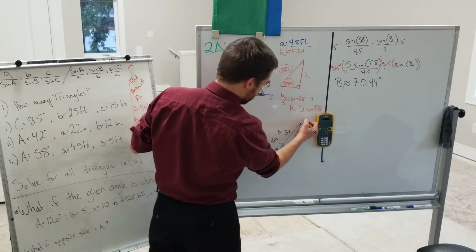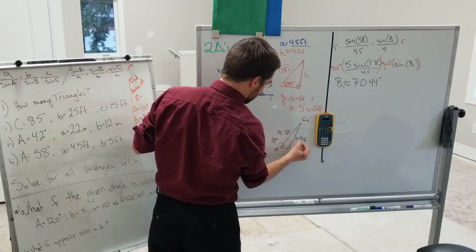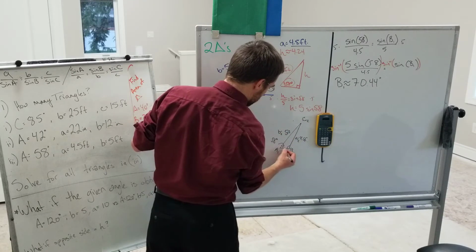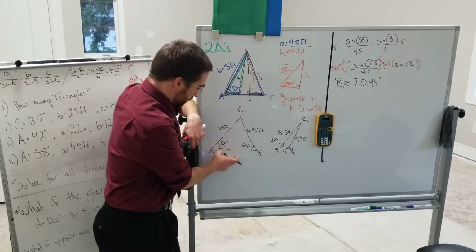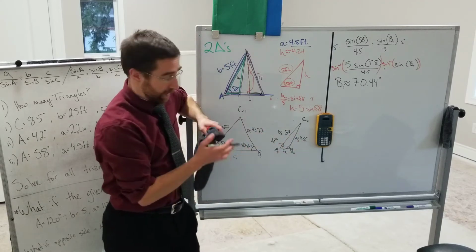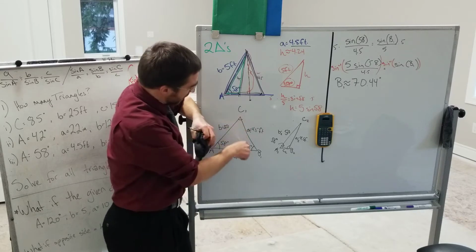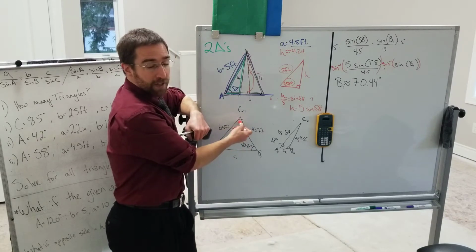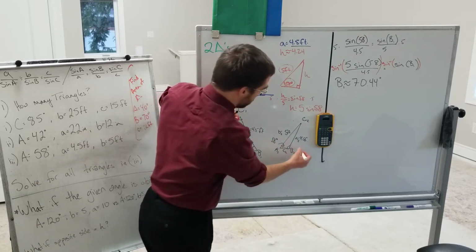We've got angle C and side C. And these are all sub 2. So we got triangle 1 with all the little 1s on it, and then we have triangle 2 with all the little 2s on it. Now we could continue solving this. We can now solve for angle C here and then side C here. But let's talk about finding angle B sub 2 here.